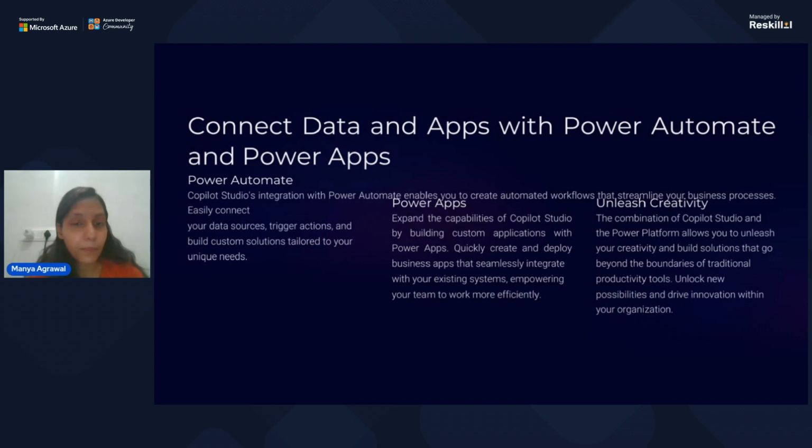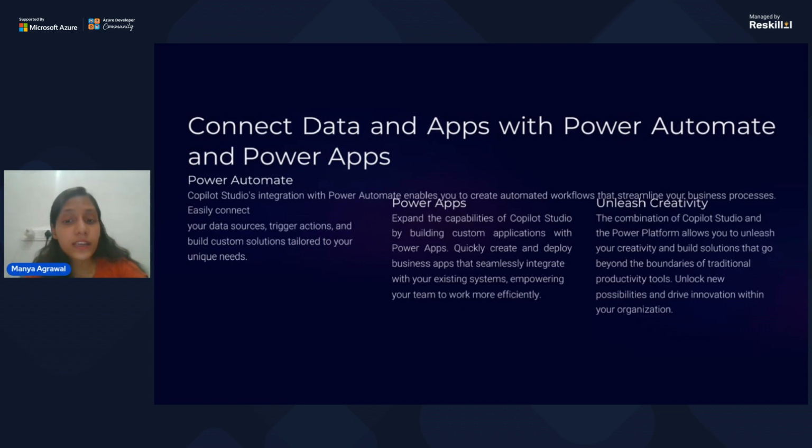Second is Power Apps. Expand the capability of Copilot Studio by building custom applications with Power Apps. Quickly create and deploy business apps that seamlessly integrate with your existing systems, empowering your team to work more effectively.